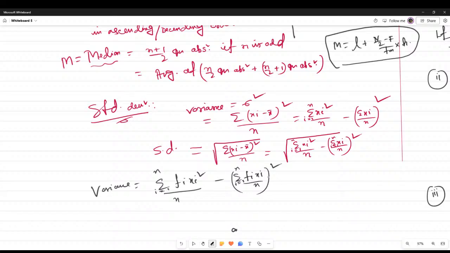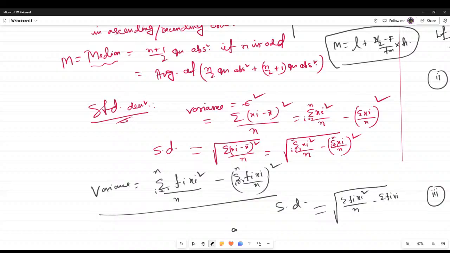Okay? This is for variance. Standard deviation will be what? Under root sigma fi xi square by n minus sigma fi xi by n whole square. Alright.